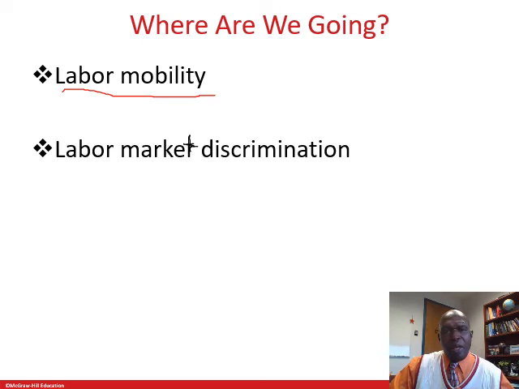Another type of labor mobility could be external or international mobility. A worker will be moving from the native country to a foreign country. For instance, a worker from Africa will migrate to the US in order to get better opportunities.